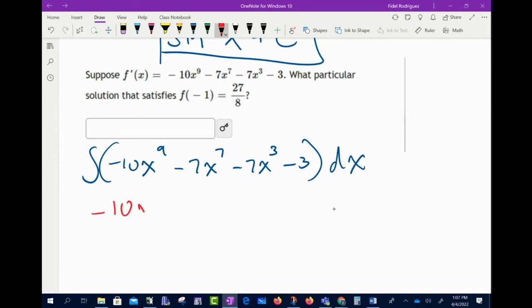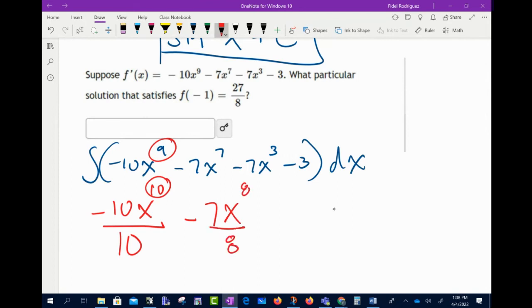Okay, so I have negative 10x to the, remember what I'm going to do with that power? We're going to add 1 to it, right? So that would be 10. And we're going to divide it by that same power right there, which is also a 10. Then we're going to do the same thing over here. We're going to go negative 7x to the power of 8, and we're going to divide it by that same power of 8, right? Because we're always adding 1 to my exponent.